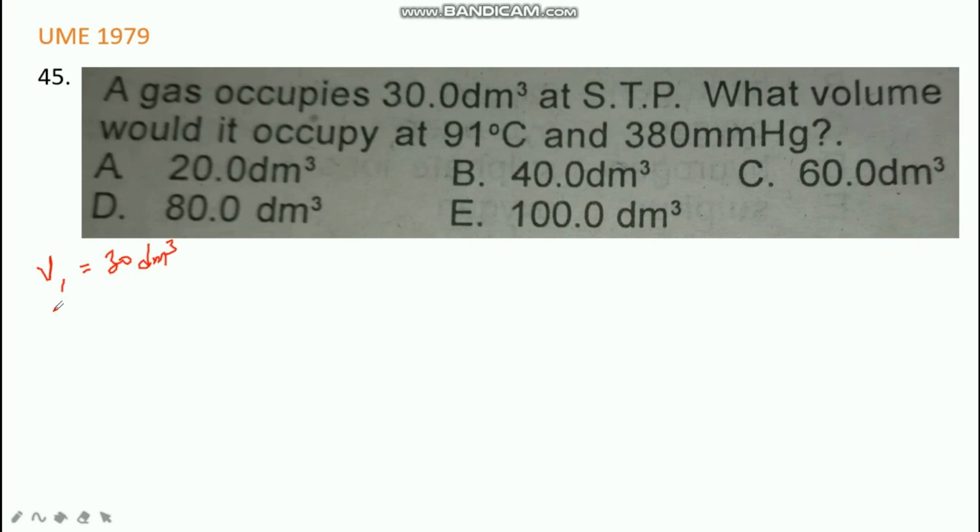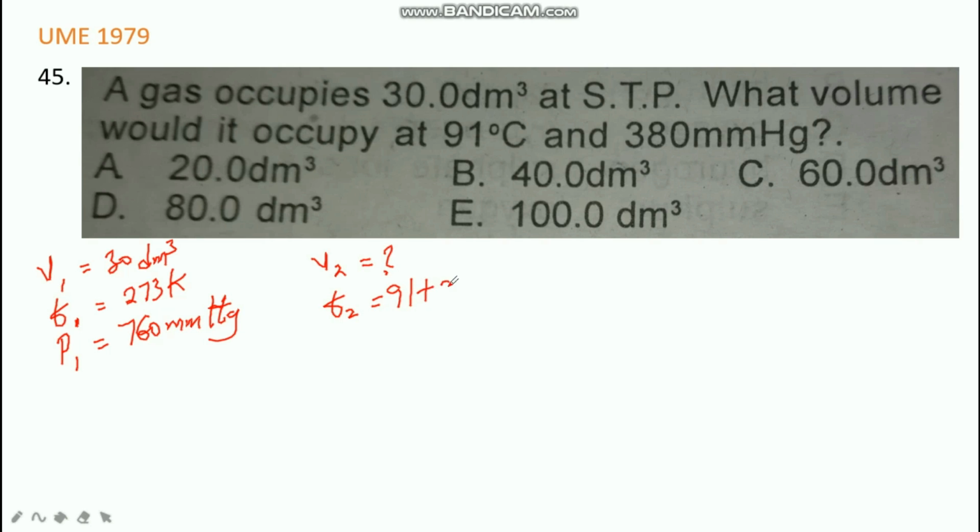At STP, that is the temperature, T sub 1 is 273 Kelvin, while the pressure is 760 millimeter of mercury. So we got that. Now for V sub 2, that is what we're looking for. Now we've got T sub 2 as 91 degrees Celsius, which we need to convert to Kelvin.